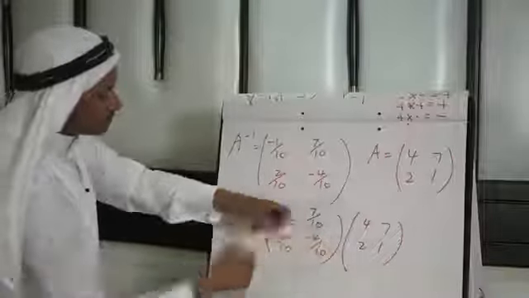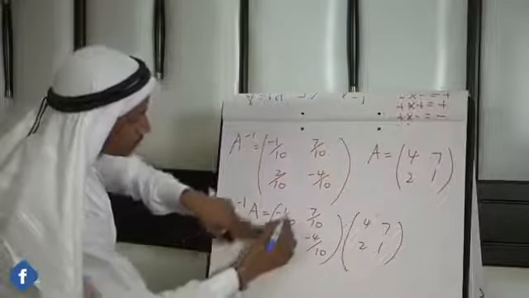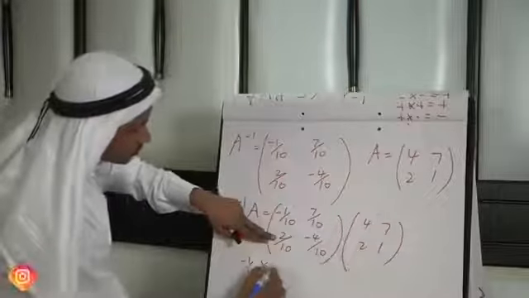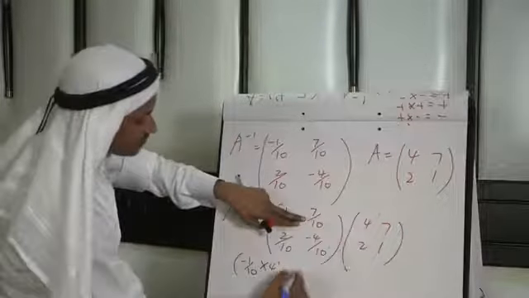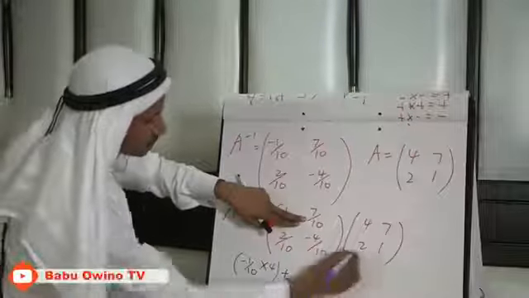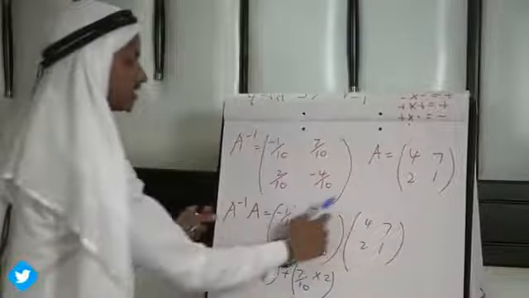Then we multiply minus 1 over 10 times 4, plus 7 over 10 times 2. So this has finished with this.